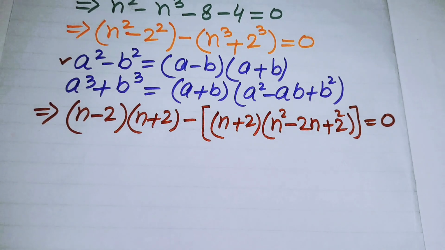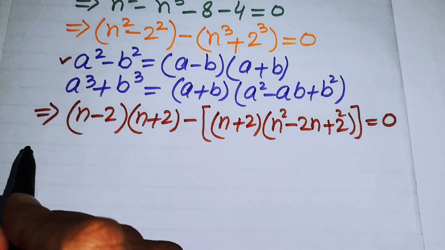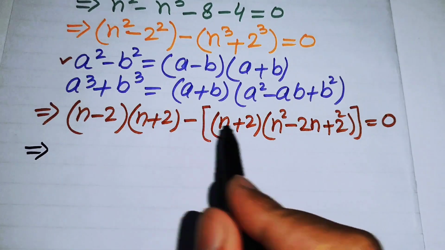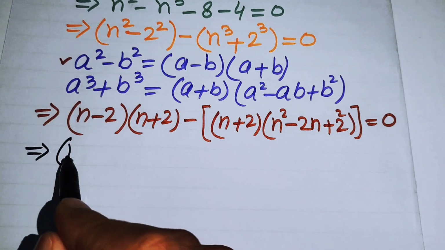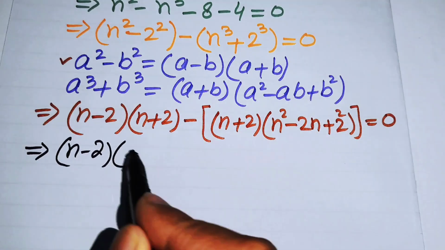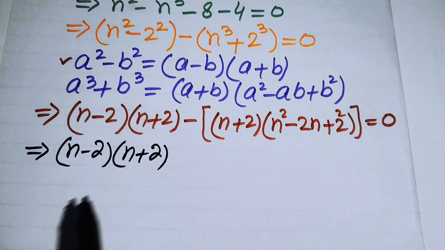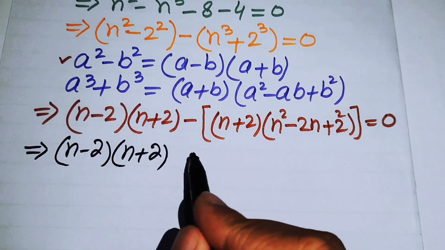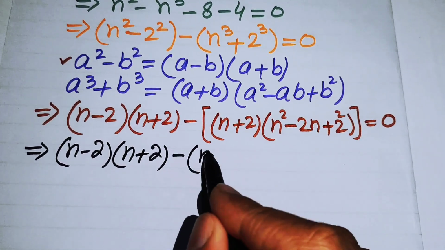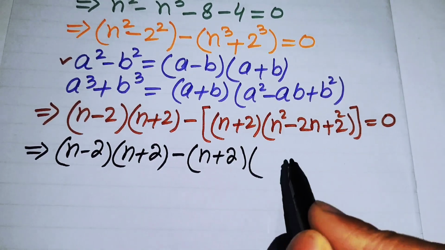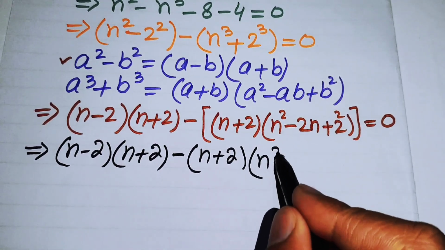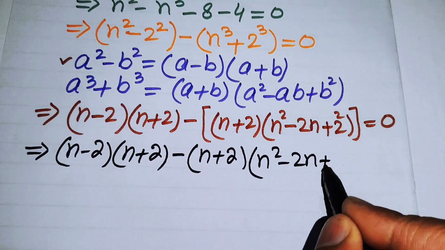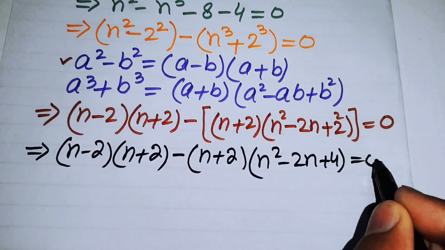Now in the next step we do a little bit of simplification. First we multiply this minus sign on both of the terms and you get n minus 2 times n plus 2, which equals minus n plus 2 times n squared minus 2n plus 4, equals 0.